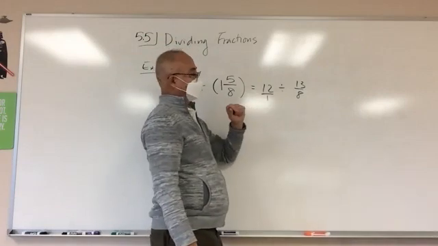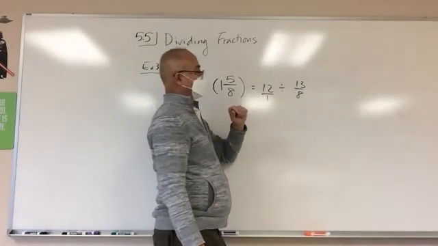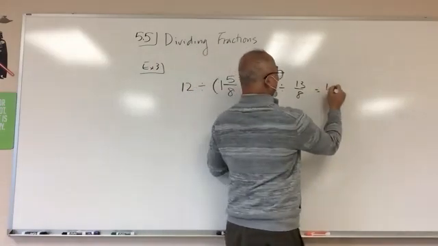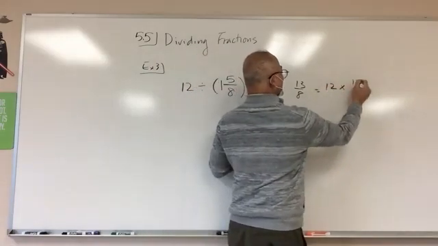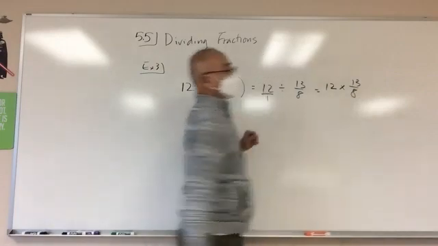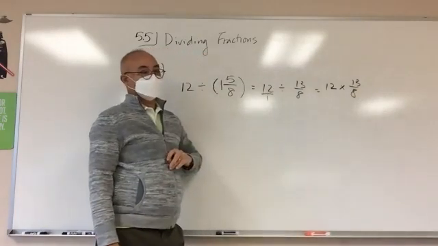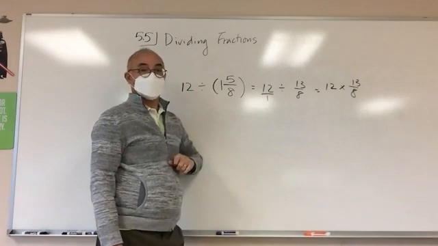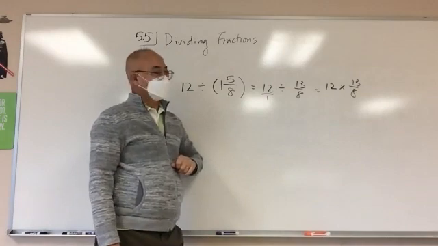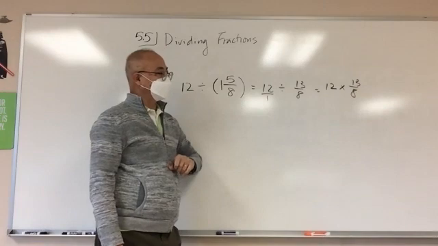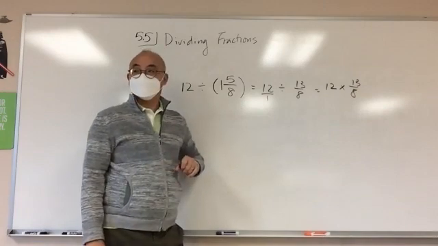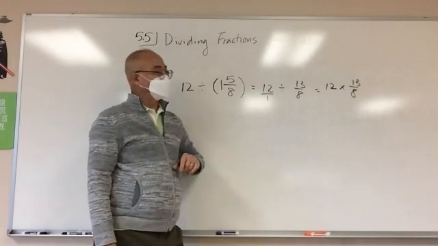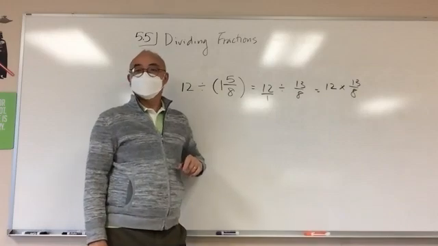And then you switch the 8 and the 13. It'd be multiplication then, right? 12 times 13 over 8, correct? Any simplifications I can make? 8 and 12.